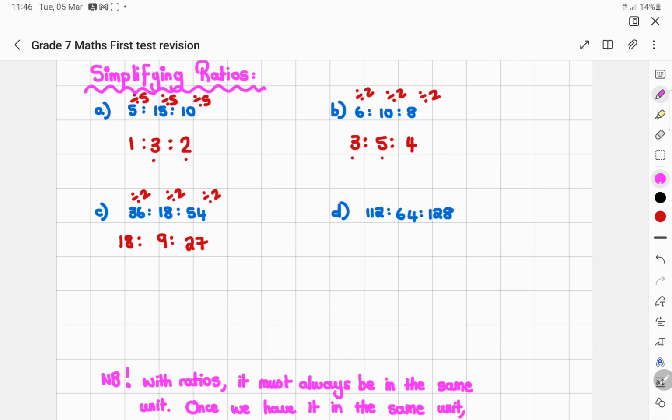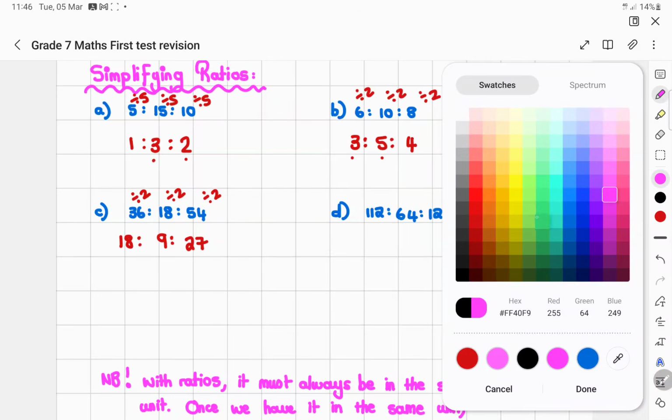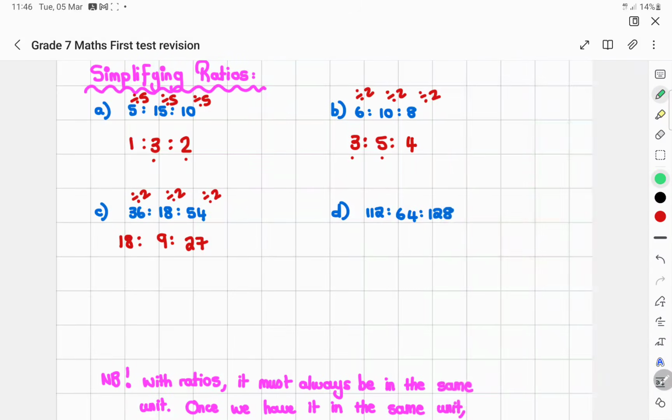And then again, hopefully you can see that I can now go ahead and divide by 3, because they're all divisible nicely by 3. 18 divided by 3 is 6, 9 divided by 3 is 3, and 27 divided by 3 is 9. Have I hit a prime number? Yes, that 3 is a prime number, so I know that is the simplest I can go.